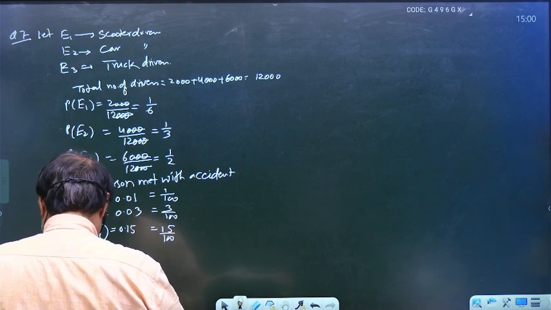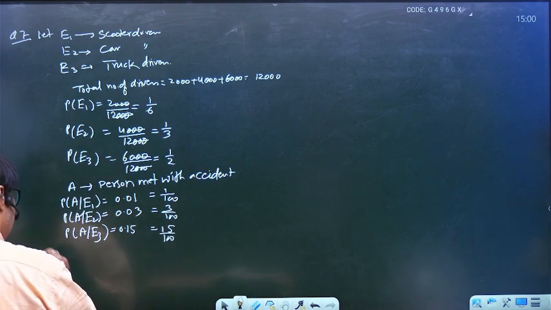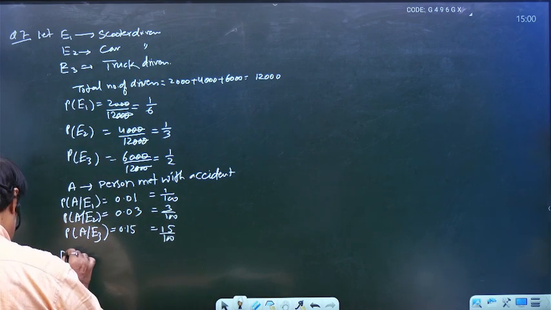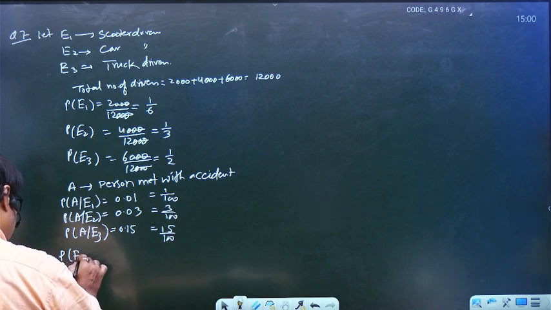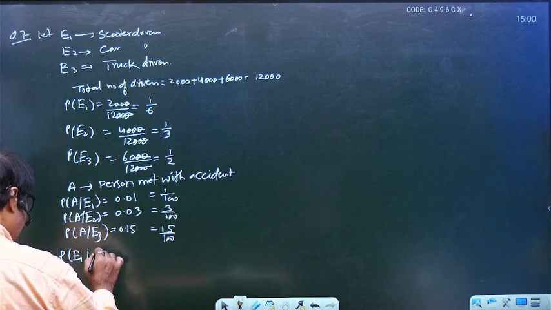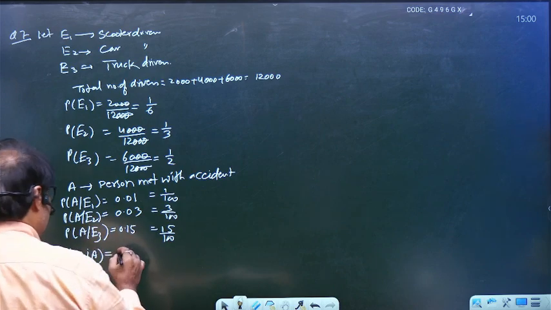Now we have to find the probability of accident with the scooter, means probability of E1 by A, and now apply the Bayes theorem.